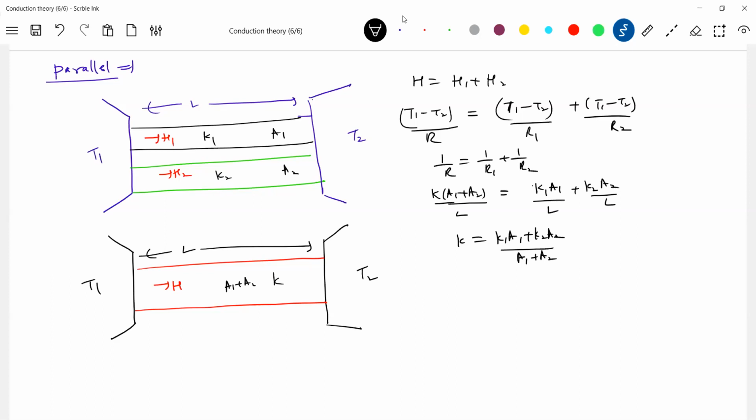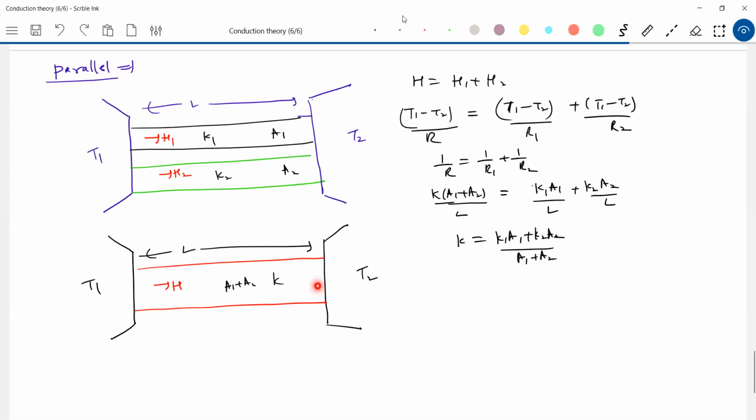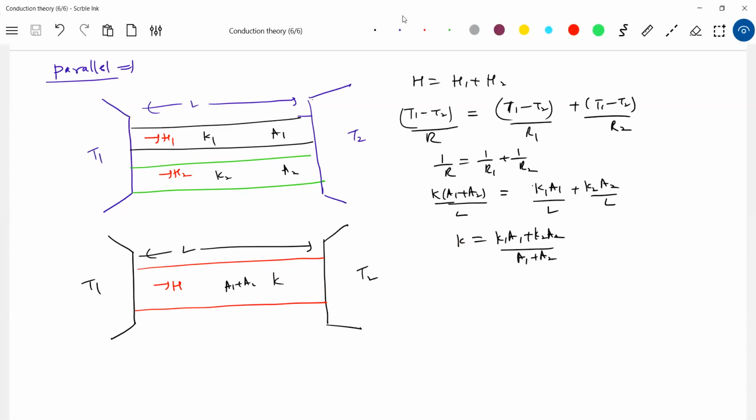Then what should I do? I should replace this rod with a material whose thermal conductivity is equal to K. What is the use of this? Suppose this will cost around 300 rupees, 400 rupees. I want to replace these two rods by one equivalent rod. I'll find out the effective K, then search the cost of this material.